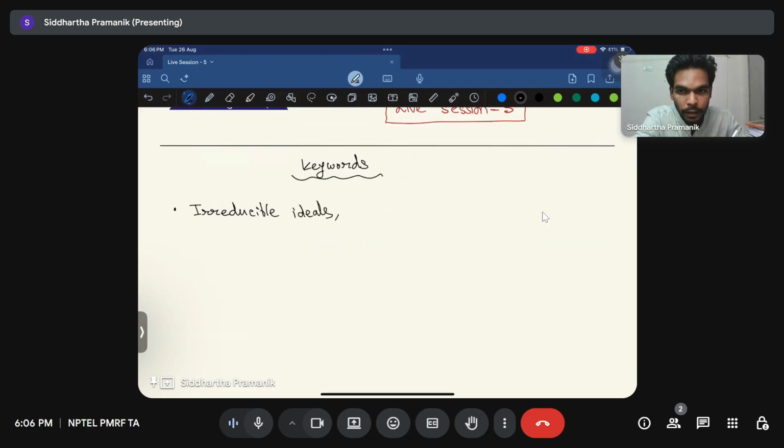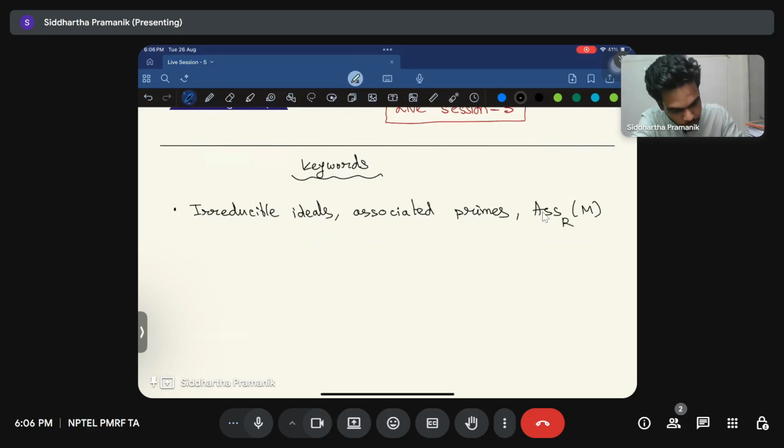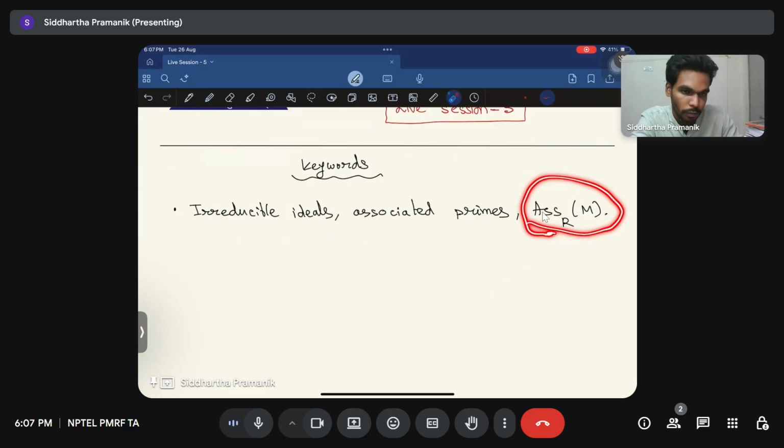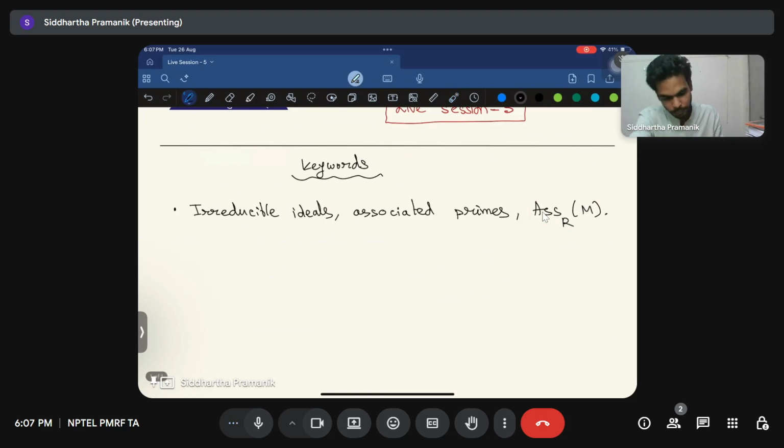Then we have defined associated primes of a module, and the set of all associated primes we have denoted by Ass(M). Then we have seen a couple of properties of this set, like when it is non-empty and other things, and how this set behaves with short exact sequences.